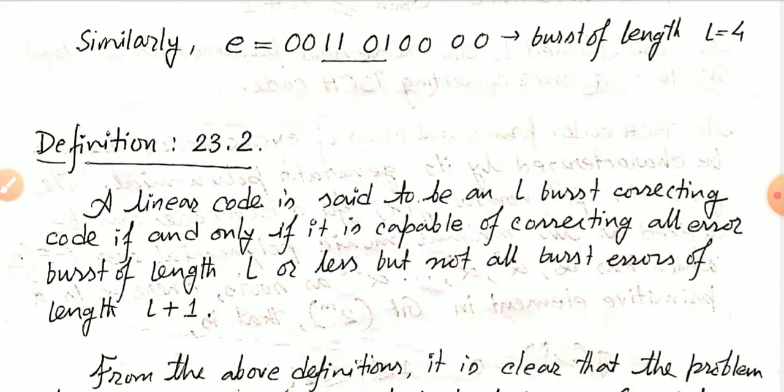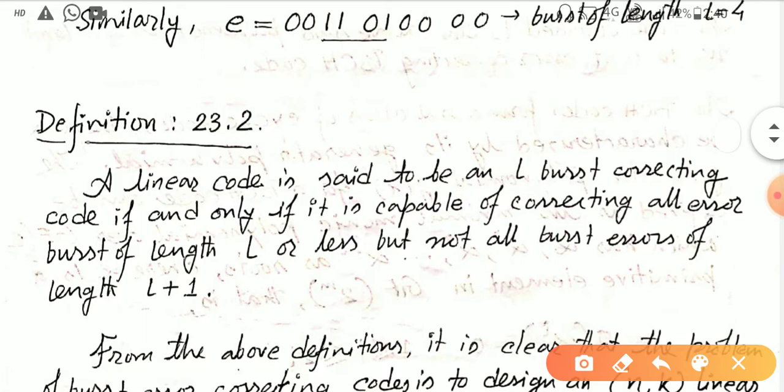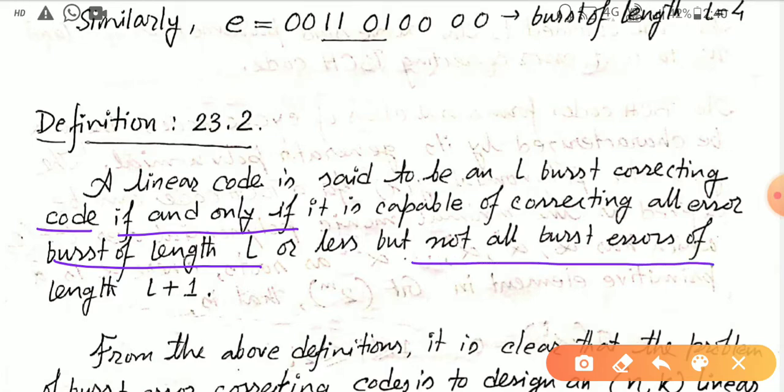A linear code is said to be an L burst correcting code if and only if it is capable of correcting all error bursts of length L or less, but not all burst errors of length L plus 1.